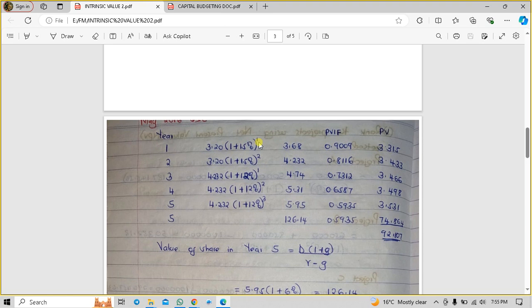When you solve using your calculator, I advise that you start from here. 15 divided by 100 is 0.15. 1 plus answer, then whatever you get times 3.20. You are supposed to get a new dividend of 3.68.